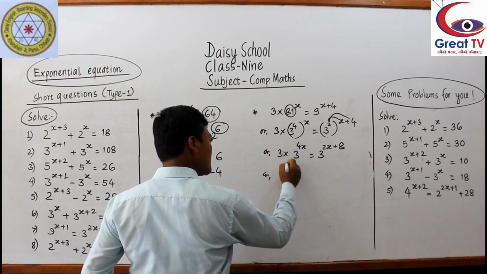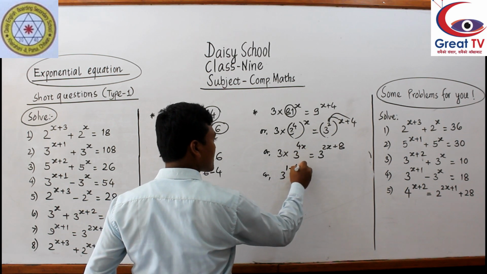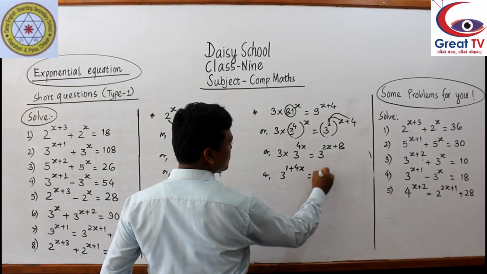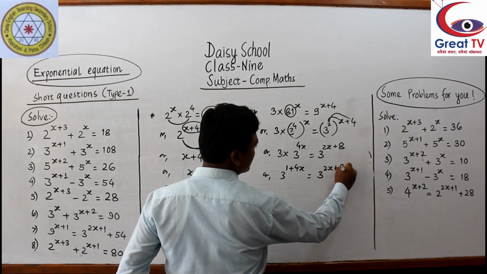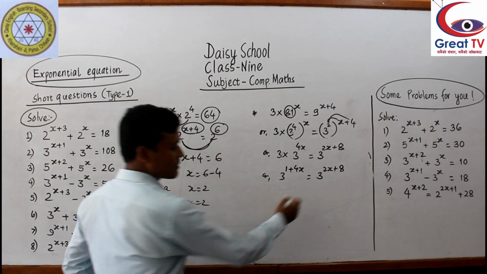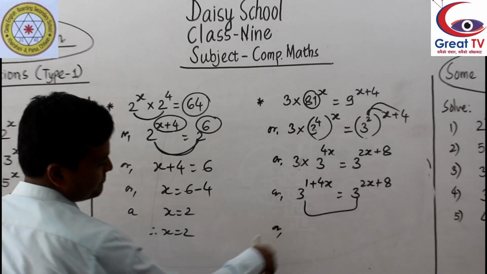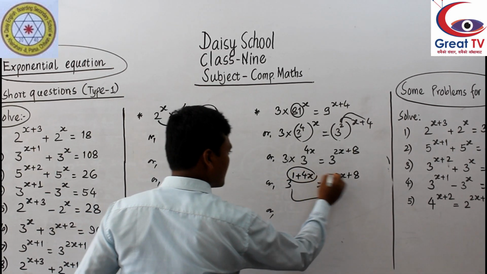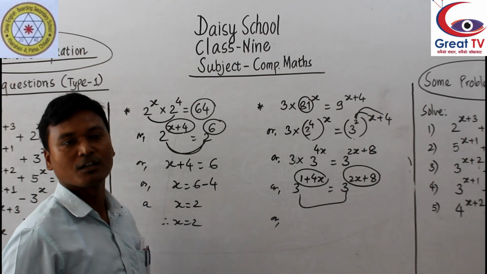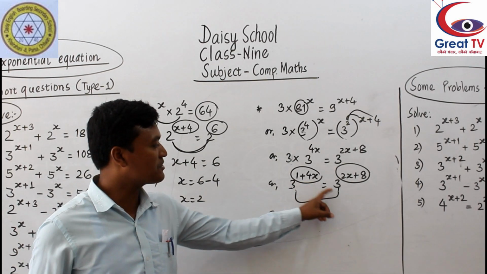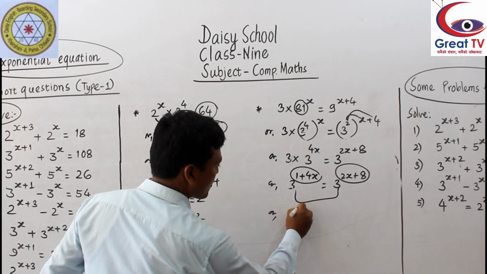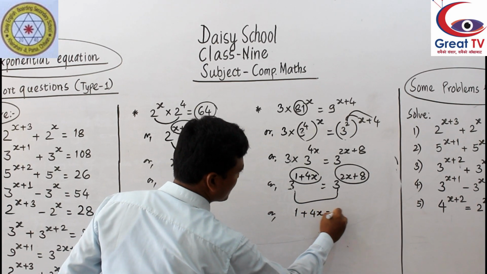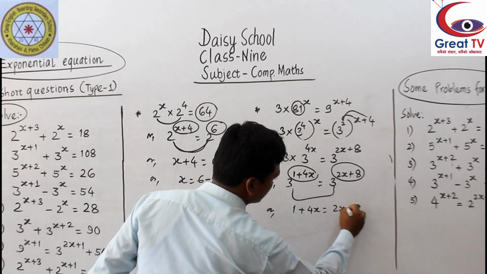Here is the power 1, so 1 plus 4x is equals to 3 to the power 2x plus 8. Then after this do check, the bases become same. And the bases are same, equating the powers. That means simply we say if the bases are same, the powers are equal. That is 1 plus 4x equals 2x plus 8.